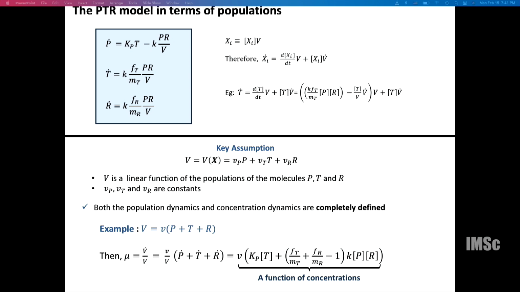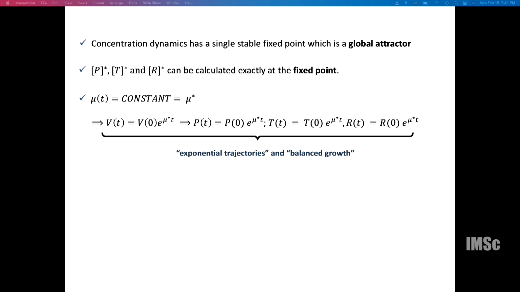Now, the concentration dynamics, it is very well known. You can have nonlinear dynamics of concentrations, and many of these dynamics very often lead to some fixed point, because there's some stable fixed point in the dynamics, and all the concentrations get attracted there.